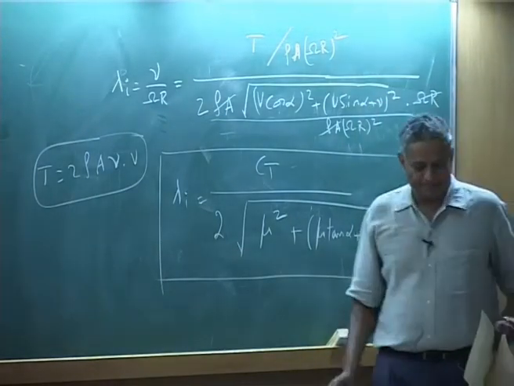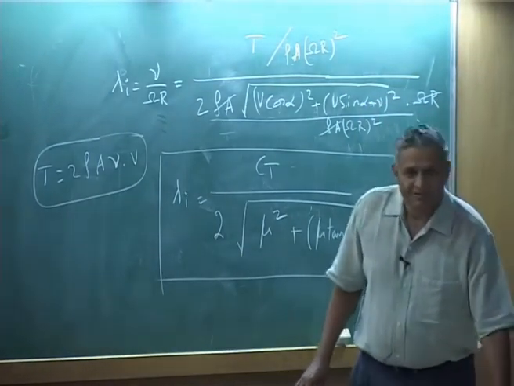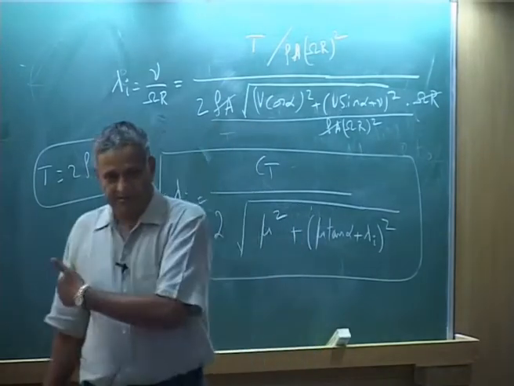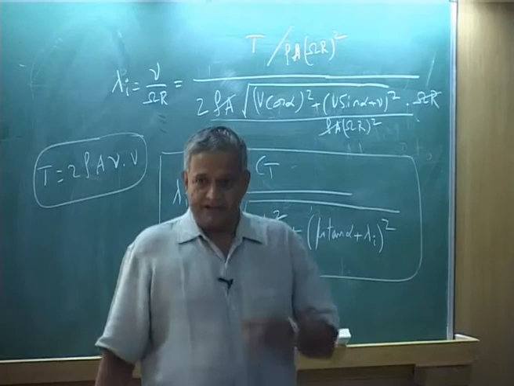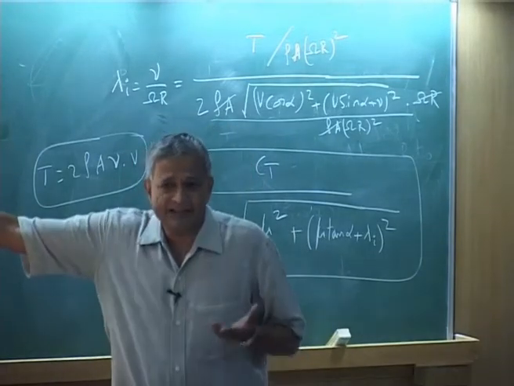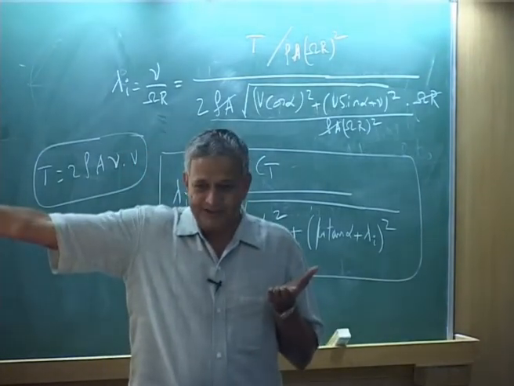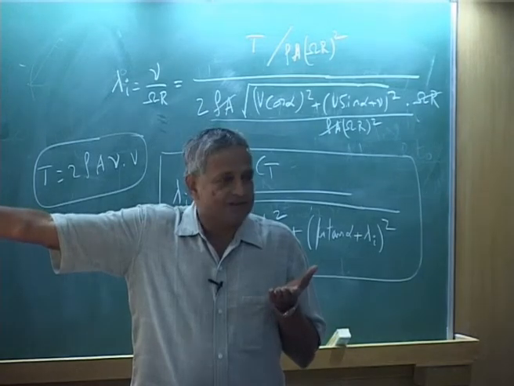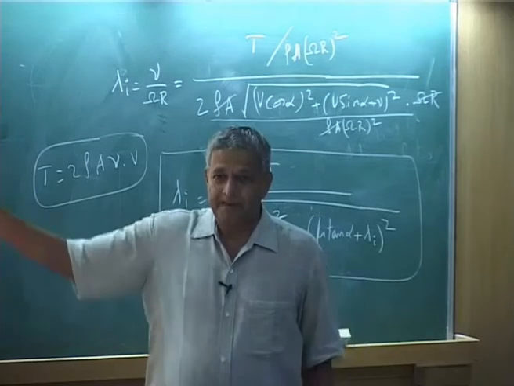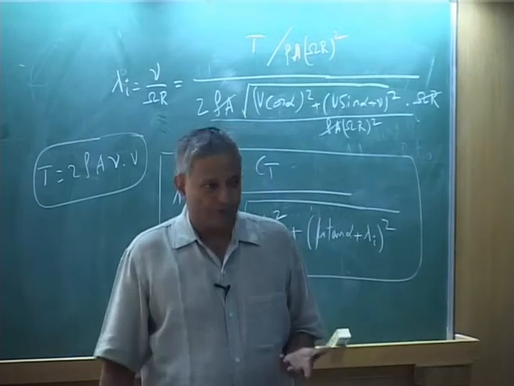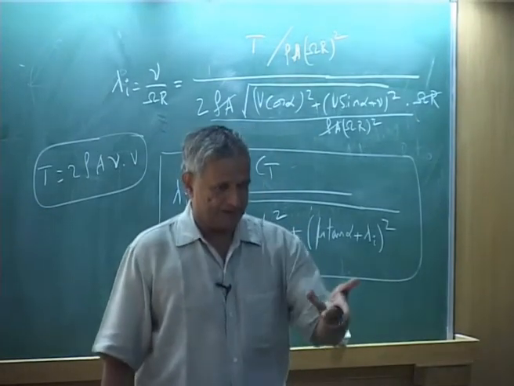Now, I thought I will take the next class, where your answer will become clear, because this is a very neat expression. The only question is, at what V can you start using this? You can start using it approximately.